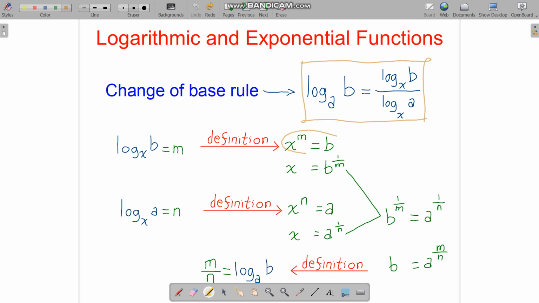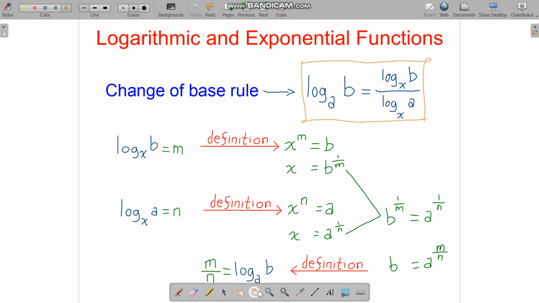Change of base rule, so let's name this m. By definition we get this, and the x is therefore, so if we just raise both sides to the power of 1 over m, we get x equals b to the power of 1 over m, and from here we get x equals this. And because x is equal to x, of course, this means a to the power of 1 over m, n equals b to the power of 1 over m.